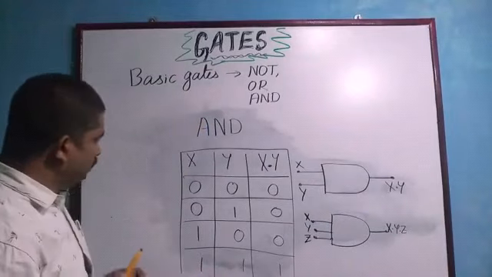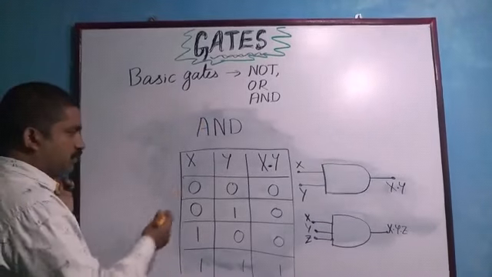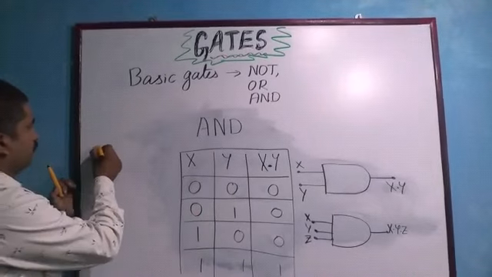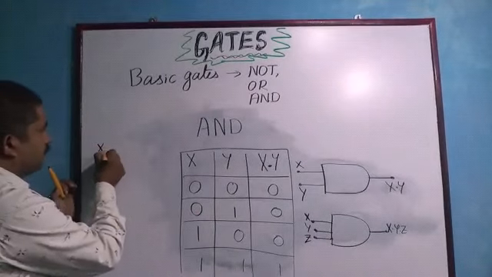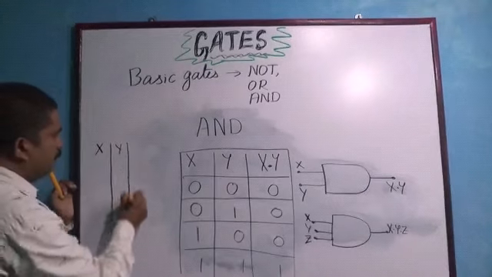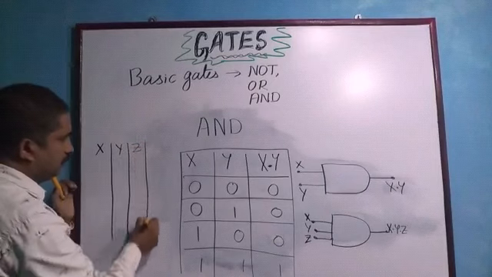For 3 inputs, you can write another truth table also. This is for 2 inputs, X and Y. For 3 inputs, we need X, Y, Z. Okay.